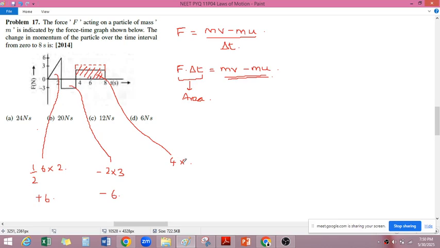So that means 4 into 3, plus 12. So that means 6 and minus 6 will cancel. So plus 12 is your answer. So if I add all of them, you'll be getting plus 12. Okay, so the question was having some error. From the solutions, it looks like they should have given up to this 3 point.